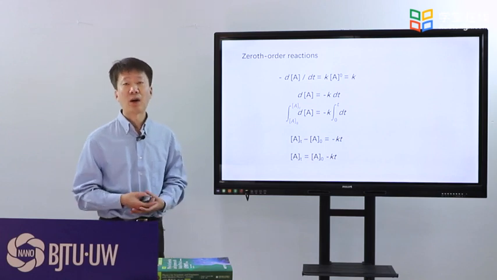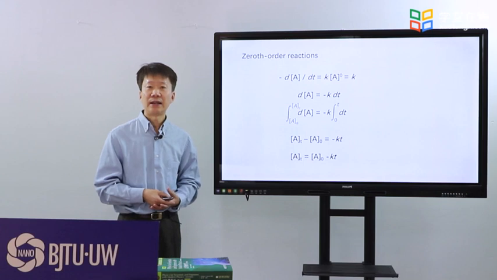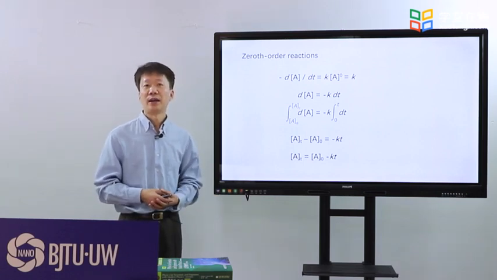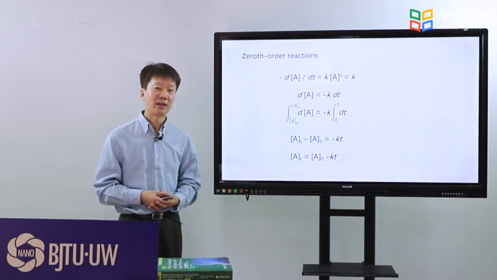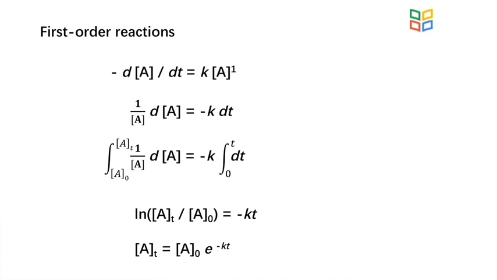Clearly enough, we now can calculate the concentration of A at any specific time, given that we know the reaction constant k for this zeroth order reaction. For a first order reaction of A going to products, the differential concentration change over time equals k times A to the power of 1.